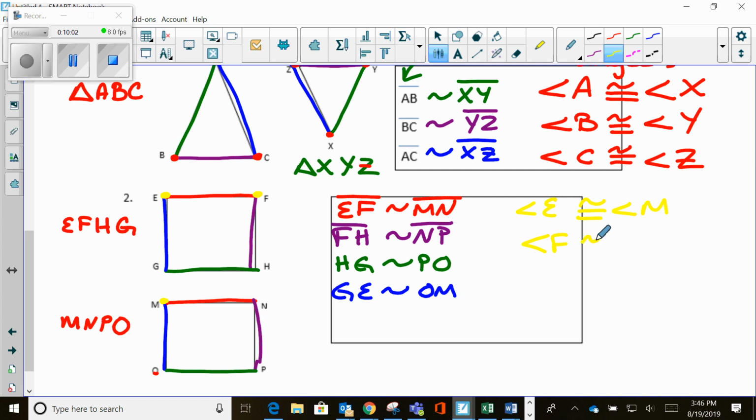N. Good. Angle H would be congruent to angle P. And angle G would be equal to angle O.